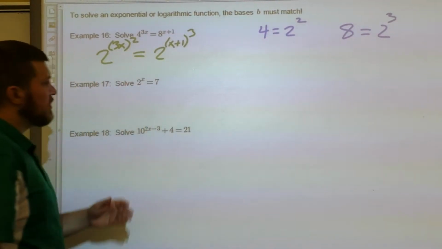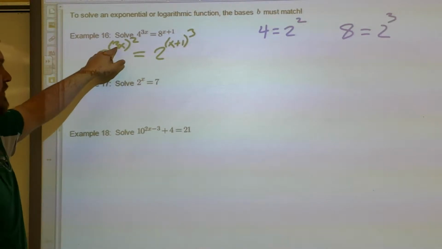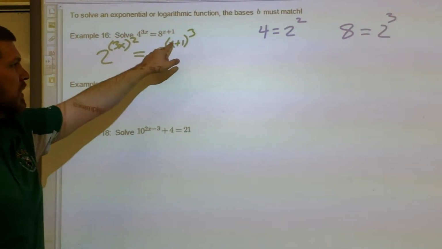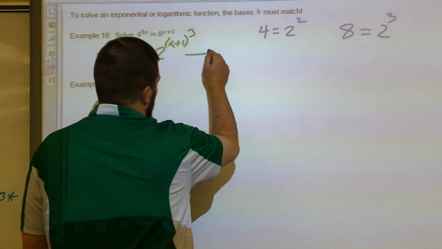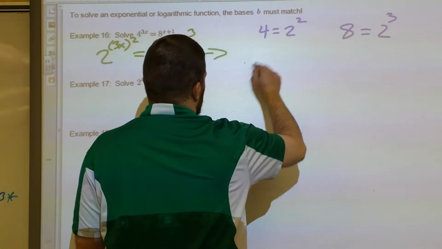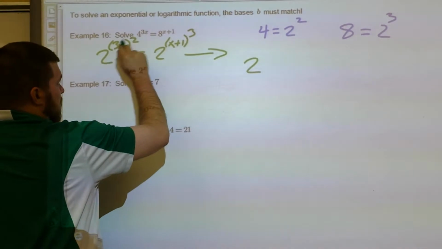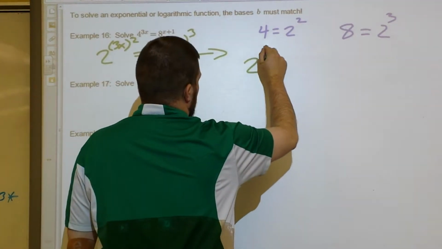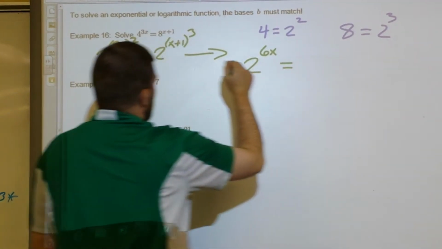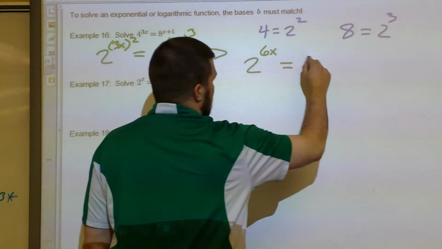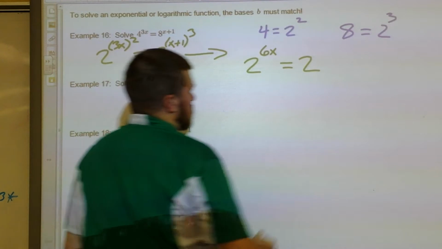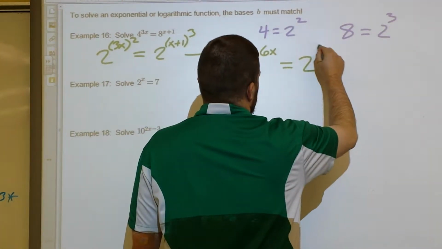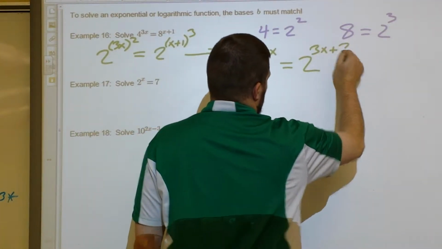Now, what you should remember from previous class is that anytime you have a power to a power, you simply multiply the powers. So for this problem, it now becomes 2 to the 6x, and that's going to be equal to 2, my base just stays the same, multiply the powers because I have a power to a power. So that's going to be 3x plus 3.